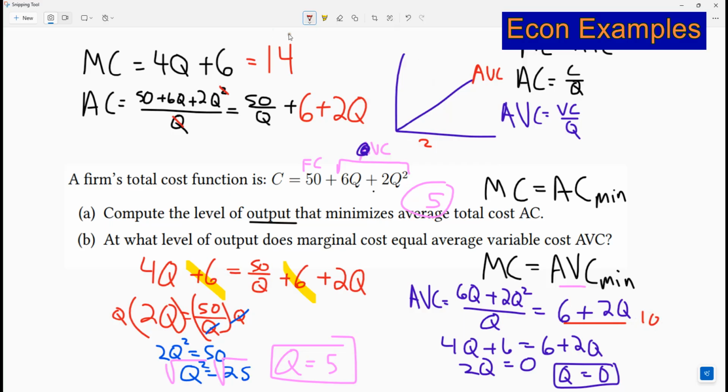So our marginal cost is going to be up here. Oh yeah, that makes sense, because whenever average variable cost is rising, marginal cost has to be higher, pulling it up. Okay, that's how to use calculus and algebra to find the minimum of average cost in terms of quantity.